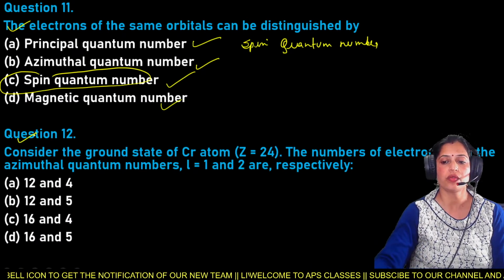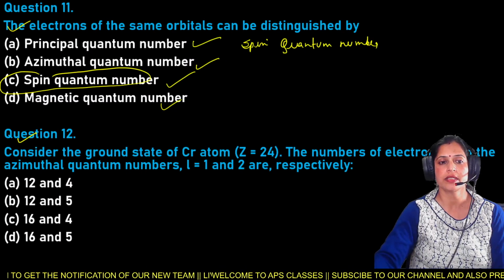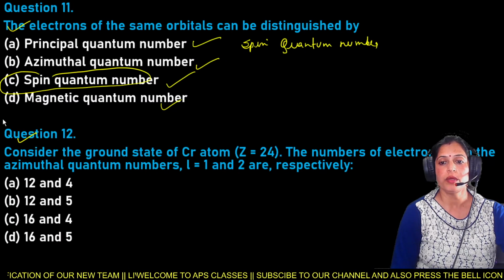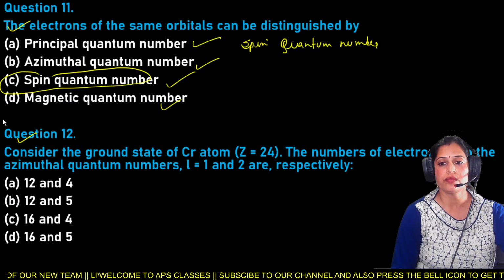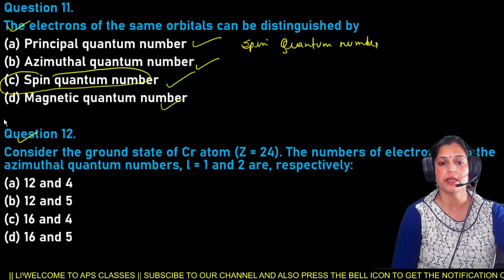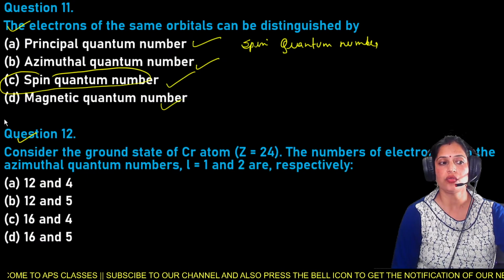Next is question number 12. Consider the ground state of chromium atom, Z is equal to 24. The number of electrons within the azimuthal quantum number l equal to 1 and 2 respectively.